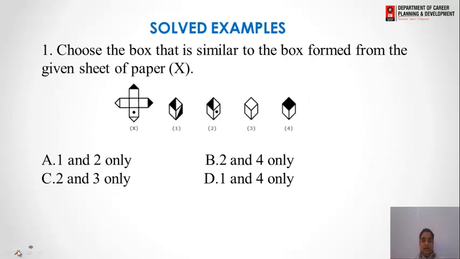Now we have some examples to practice these concepts. In this, choose the box that is similar to the box formed from the sheet given on the paper. Using this sheet, if we form a cube, which cube is this out of these 4 options? So here we have 1st, 2nd, 3rd and 4th figures.